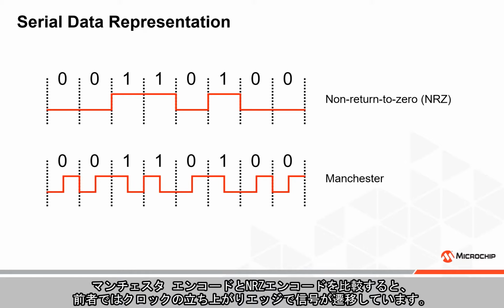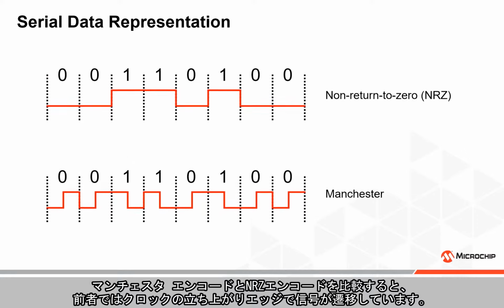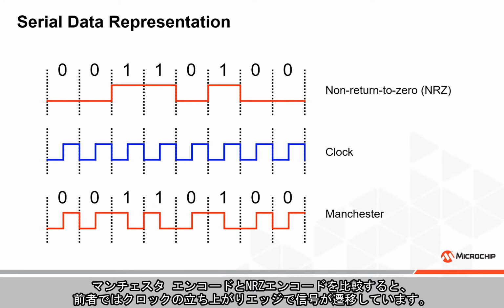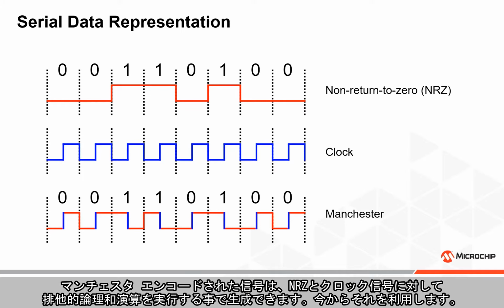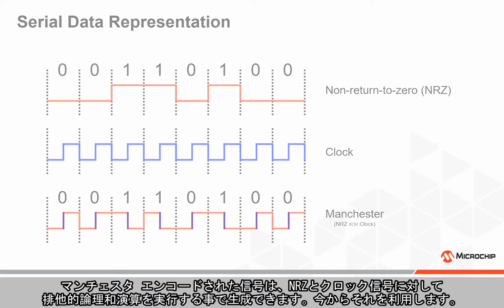If we compare the Manchester encoded signal with the clock signal used with the NRZ encoding, we see that the Manchester encoded signal always has a transition when the clock has a rising edge. The clock signal can therefore be extracted from the Manchester encoded signal. Note also that we can generate the Manchester encoded signal by performing a logical exclusive OR operation on the NRZ and clock signals, which we will use shortly.